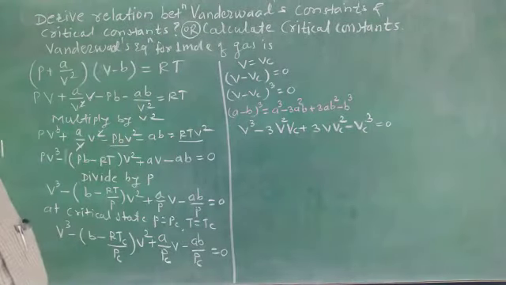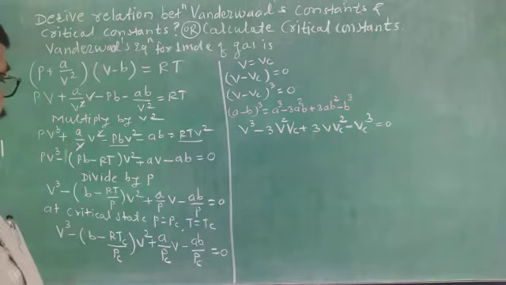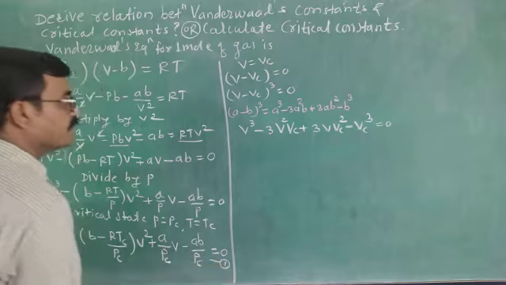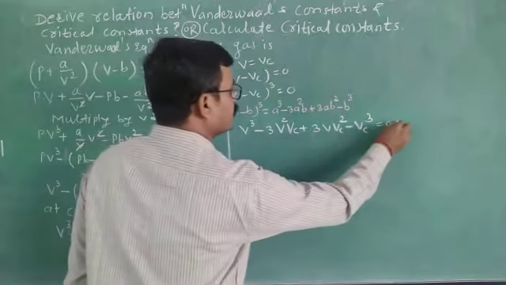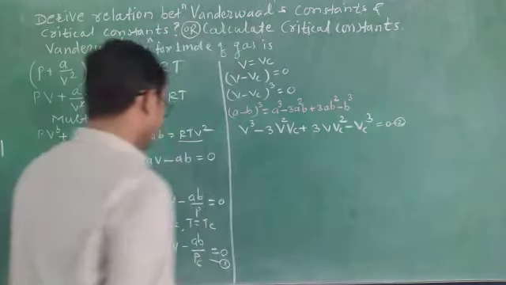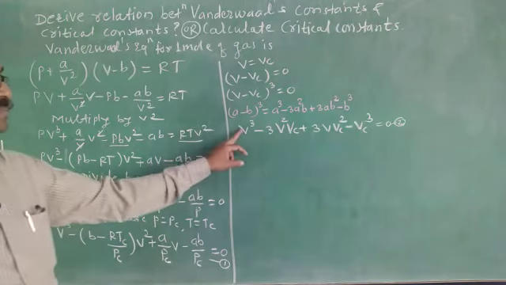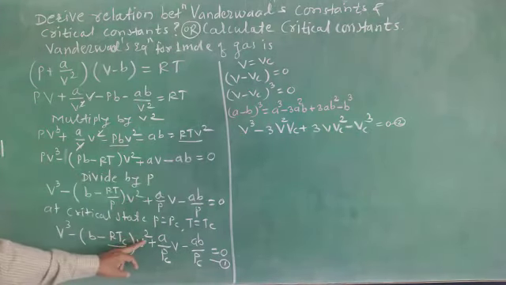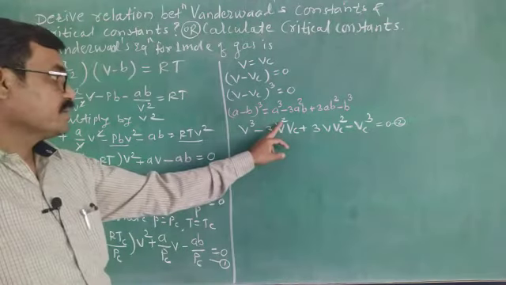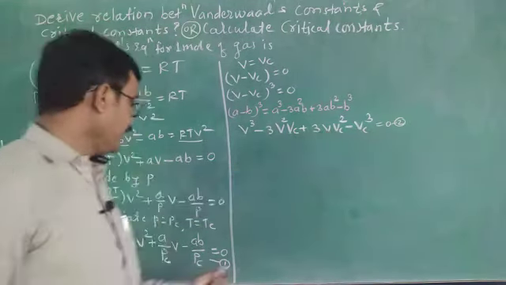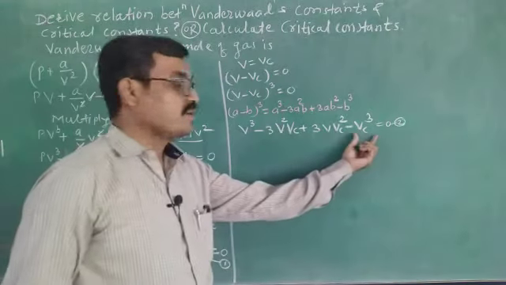Now equation 1 is this one. This is equation 1. Now this is equation 2. If we see this equation, here V cube, here also V cube, here V square, V square, here V, here is also V, and it is constant, here it is constant.